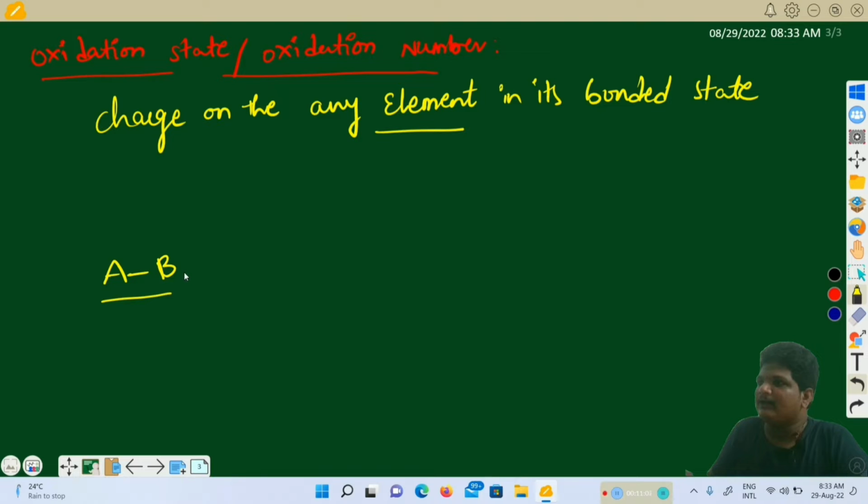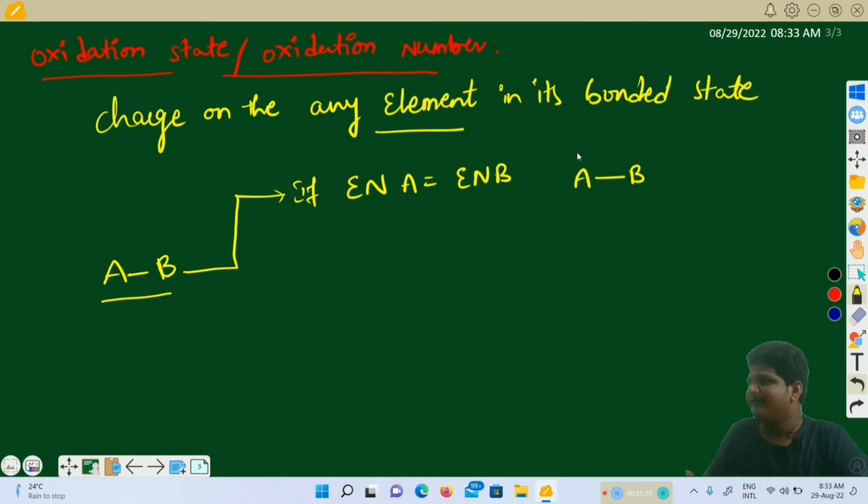Okay, here we can observe there are three cases in this molecule. The first case is if the electronegativity of A is equal to the electronegativity of B. Then there is no charge on A and B, because the bonded electrons do not move towards any atom, since they have the same electronegativity.